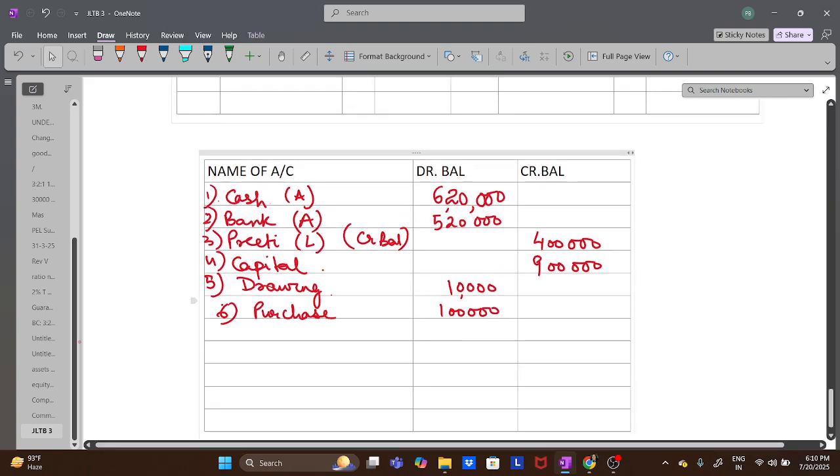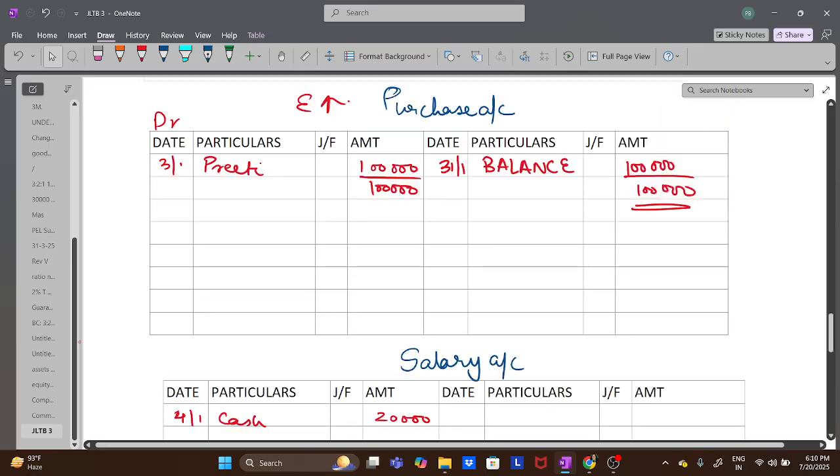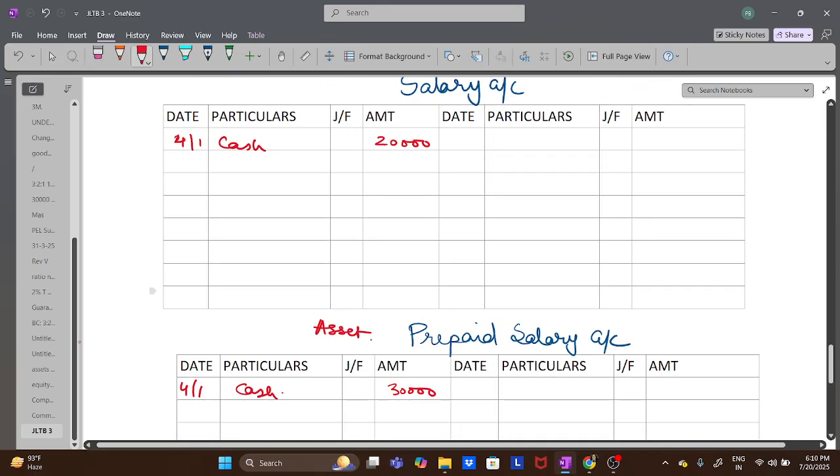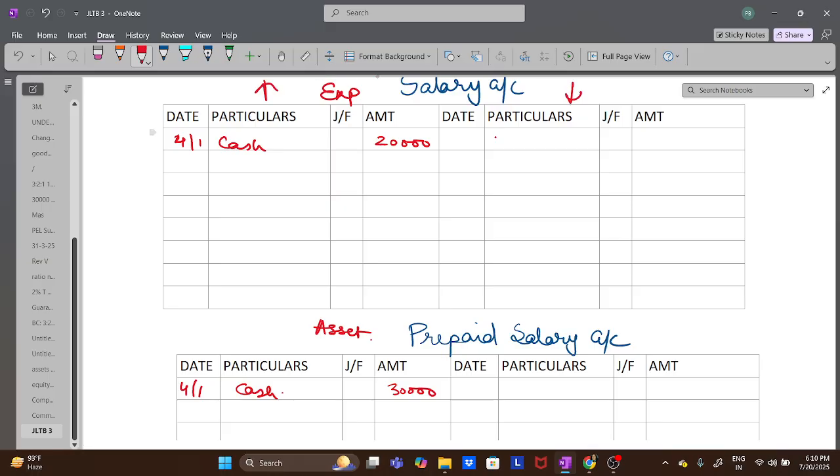Let's move up again to the salary ledger. How much is salary? Salary is an expense. Increase here, decrease there. Increase side is more. As it is an expense ledger, I write only the balance here. 31st, 20,000.